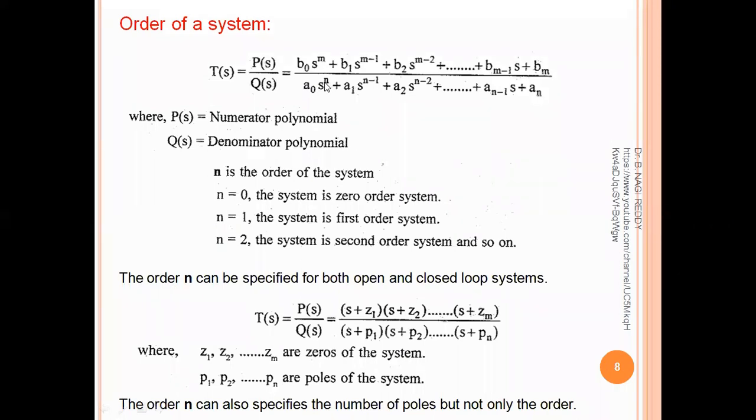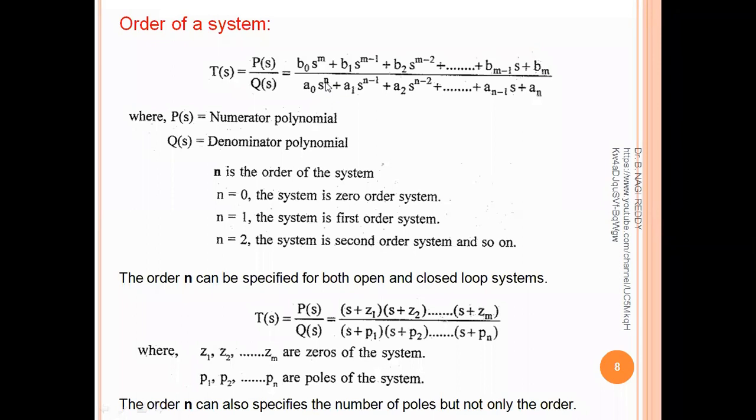If it is a third order system, then we will get 3 poles. If it is a 10th order system, then we will get 10 poles. So the order of the system must be equal to the number of poles.